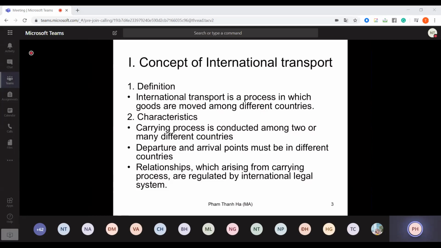So the exporter is Vietnamese and the carrier is Singaporean. If something happens between us, is it possible to use either Vietnamese law or Singapore's law to regulate such a conflict or dispute?